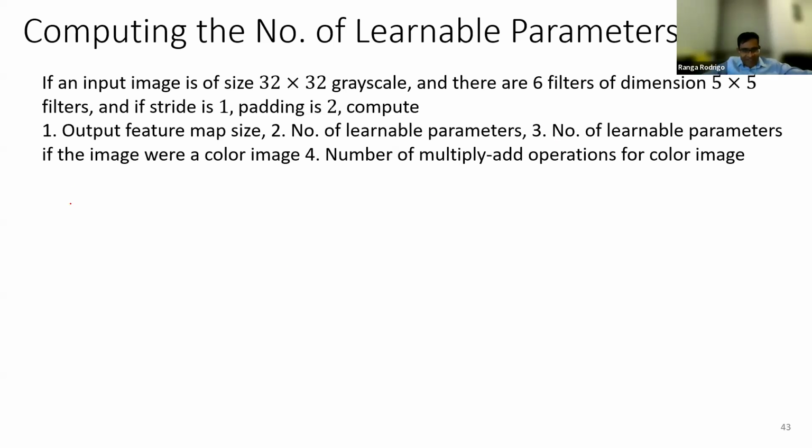Okay, so let me solve this slowly. It's a 32 by 32 grayscale image, and there are 6 filters. Dimension of it is 5 by 5. Stride is 1, padding is 2. Compute the output feature map size.